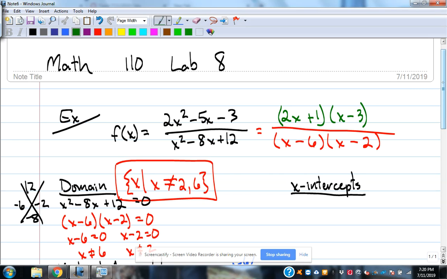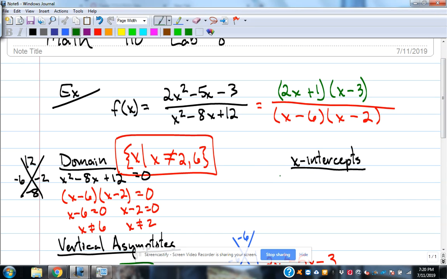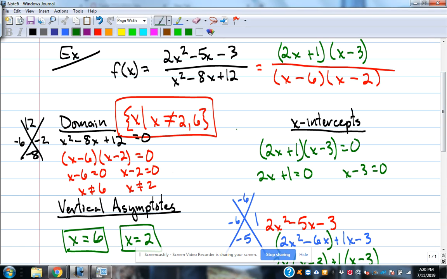To find the x-intercepts, we want to take the numerator and set that equal to 0, which is the factored form. It is nice to be able to do that with. We have 2x plus 1, parentheses, and x minus 3, parentheses. We would set each of those equal to 0 and solve each of those. So we're going to move the 1 by subtraction and divide by 2, so that's -1/2.